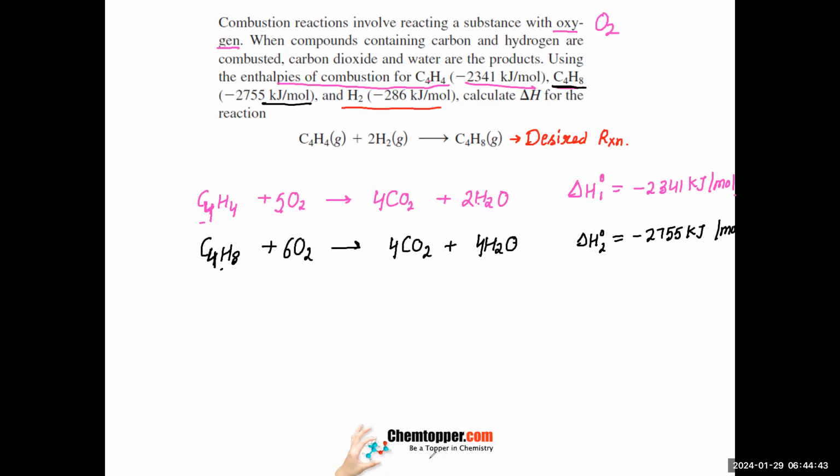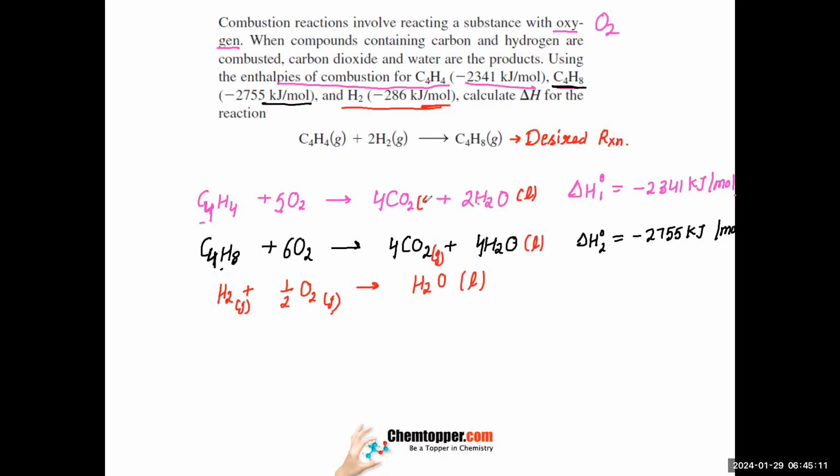Yes, very good, Dhruv. But again, this should be for 1 mole, Dhruv. 1 mole of hydrogen. Let's do it for 1 mole of hydrogen. H2 plus half O2 giving you H2O. Right? This is a gas. This is a gas. These are liquids.